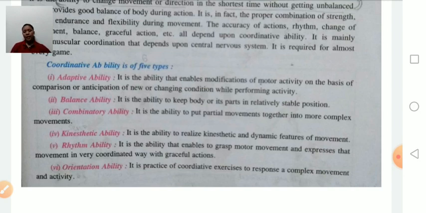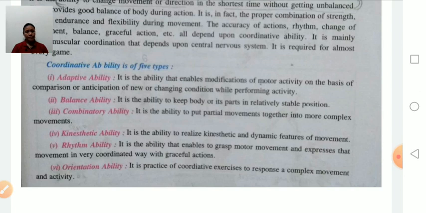And adaptive ability mainly depends upon experience. Okay, adaptive ability is the ability to change or adjust the movement according to the anticipated or the changing situation.